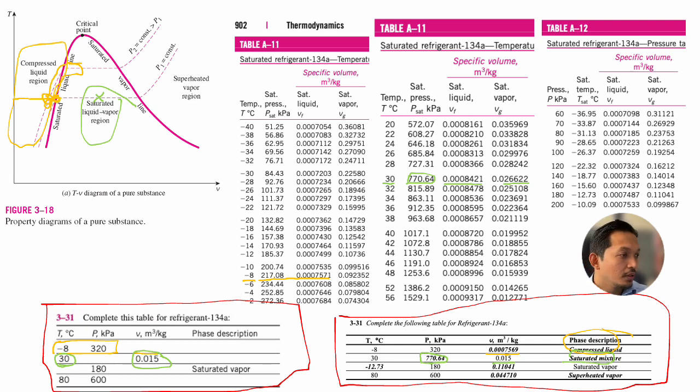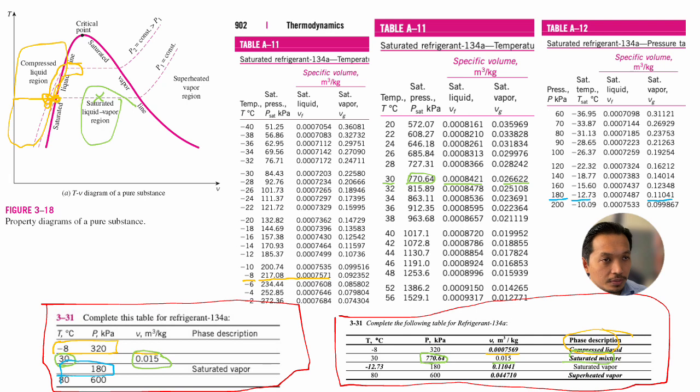Next is the third row. It is given the pressure and the phase description is exactly at the saturated vapor line. With that, it makes our job much easier. We simply refer to the corresponding pressure, 180 kilopascal, and refer to the saturated vapor line, because the phase description is the saturated vapor line.